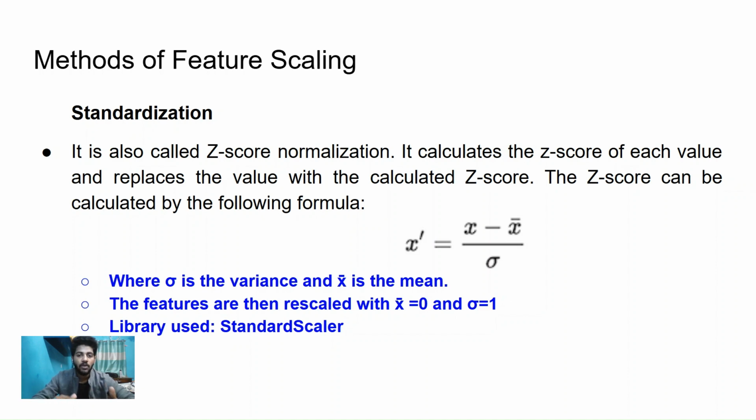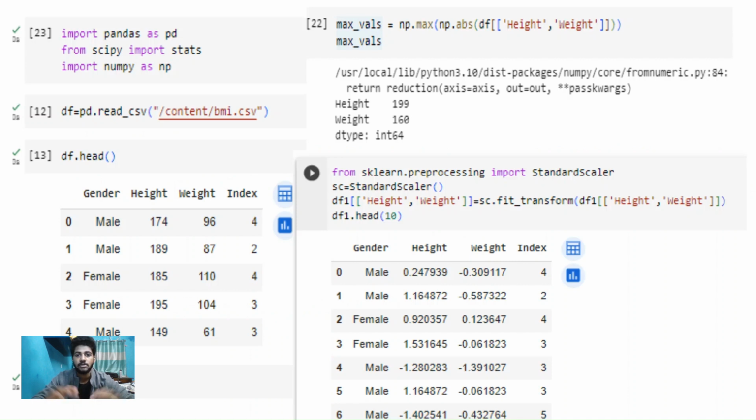The library we're going to use is StandardScaler. Here's the coding part. Let us import pandas as pd, from scipy import stats, and import numpy as np. Then we read the CSV file BMI using the pd.read_csv function, and see how the dataset is stored by using df.head to check the features: gender, height, weight, and index.